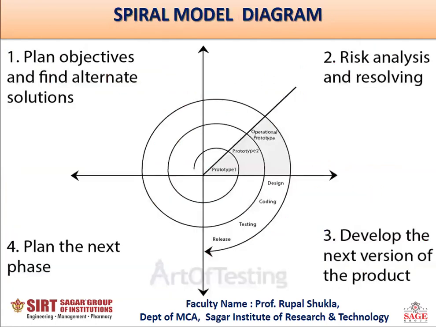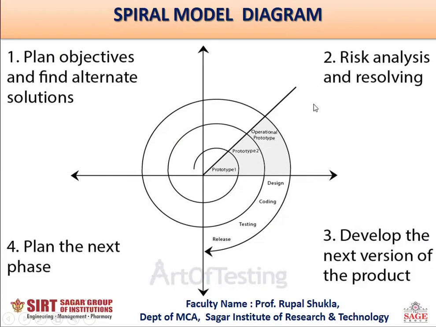This is the diagram of a spiral model. Here we can see there are four quadrants of the spiral model. First quadrant is based on plan and objective and finding alternate solutions.